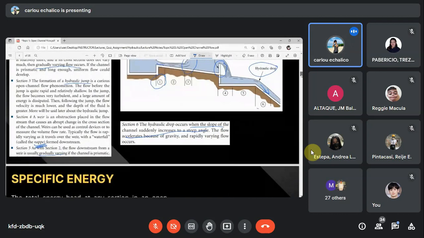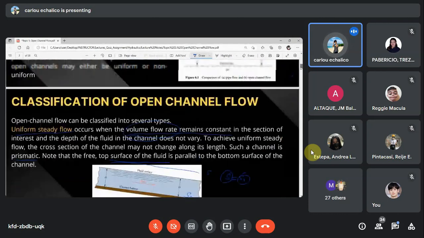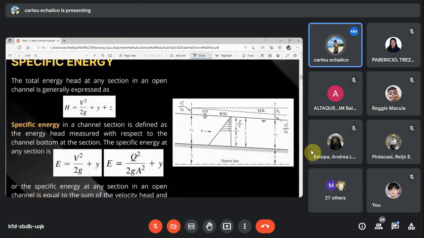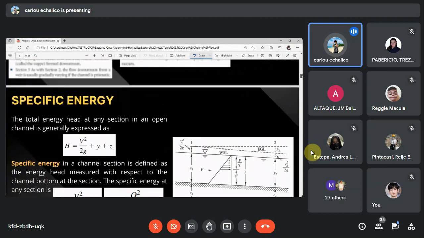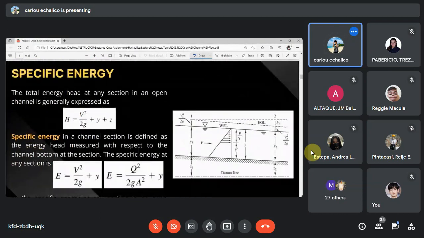So those are the conditions of channel flow. The next one is the specific energy. What do we mean by specific energy? We have total energy and specific energy.